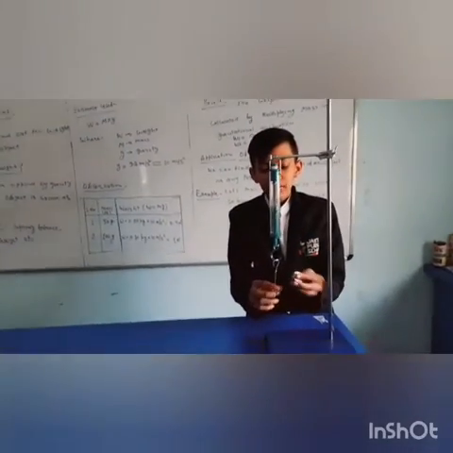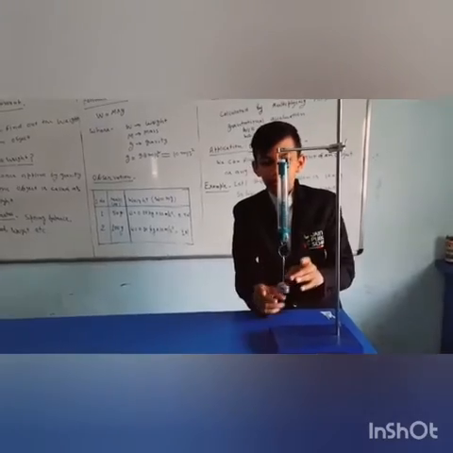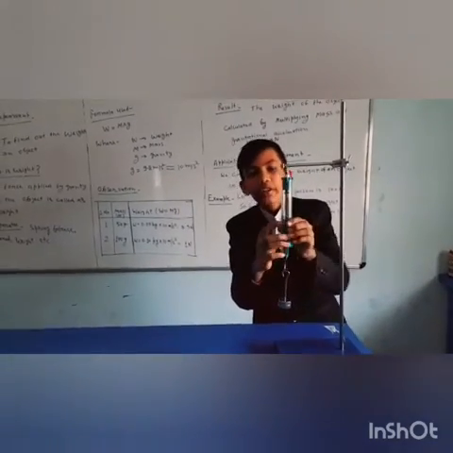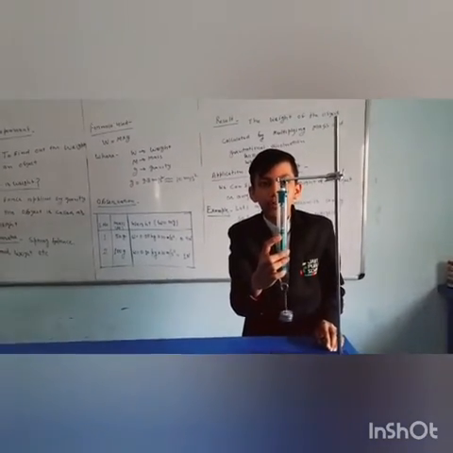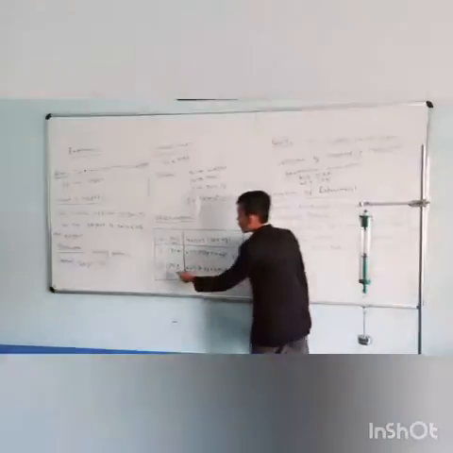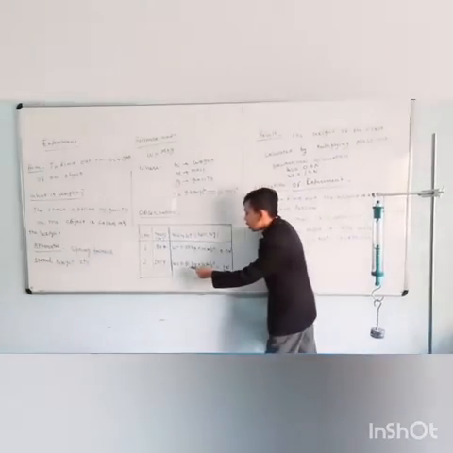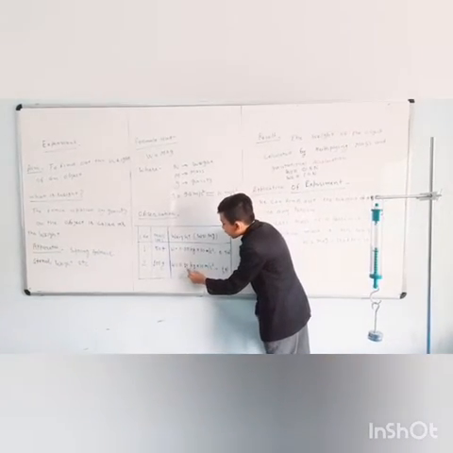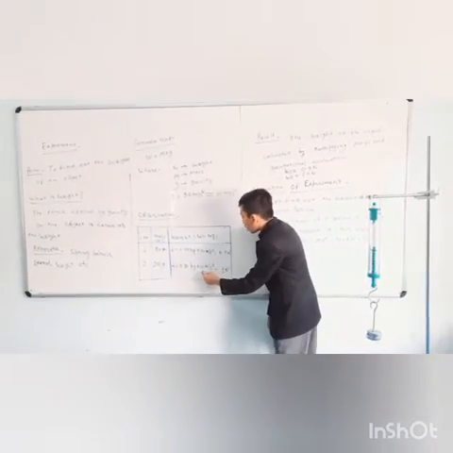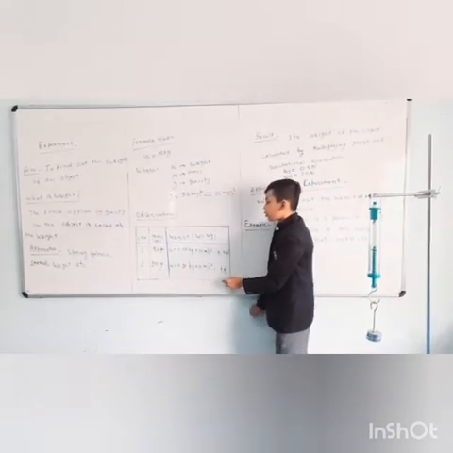Here we have more mass. Now it's jumped to 100 grams. Now we will write here the value 100 grams. So here we have converted into kilograms, and multiplied by the value of gravity, it equals 1 Newton.